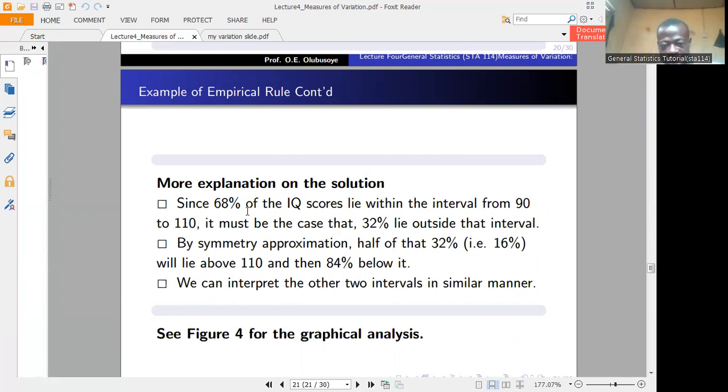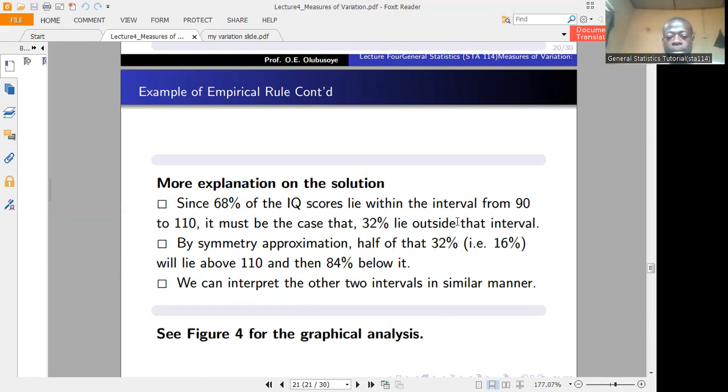That means the remaining is 32%, so 32% will be outside the range that is being given. In that case, if you divide that 32 into 2, you are going to have 16% and 16%. That means 16% of people are going to be above 110, above the range.